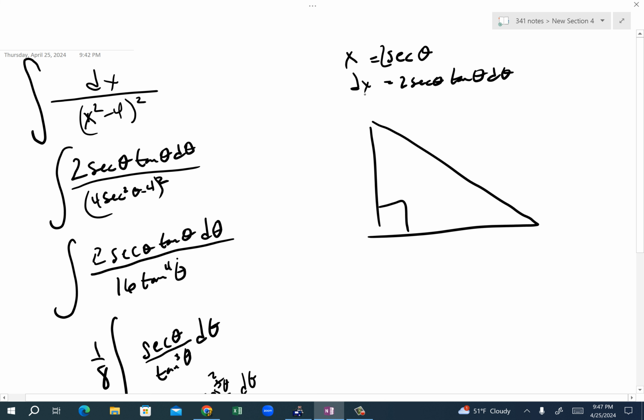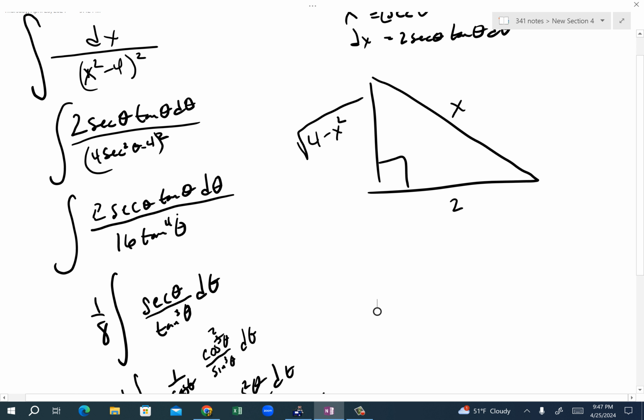So x over 2 is the secant, or 2 over x is the cosine. Sorry, 2 over x is the cosine. Get it right, dummy. There you go. And so we want the cosecant.